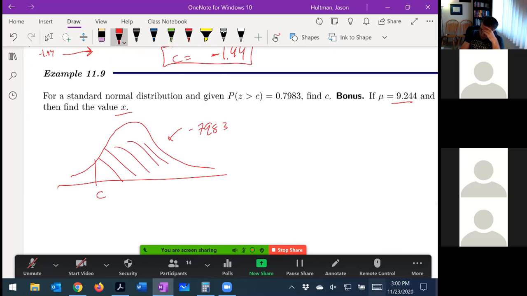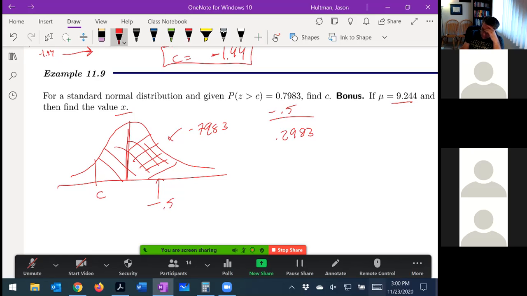So the first thing I need to do is subtract off 0.5, because our table is not going to give us the whole thing. We've got to subtract off the top half, minus 0.5. That's going to be 0.2983.